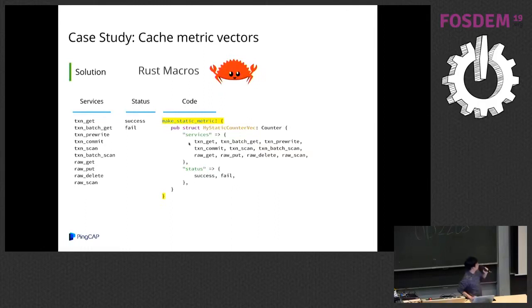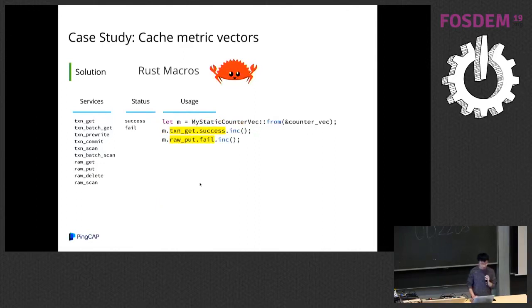For example, for services, I give it these services, and for status, I give it these statuses, and it will take care of the rest. When you use it, it's pretty simple. You can just write m.transactionGet.success. You will get a counter, and you can just increase it.